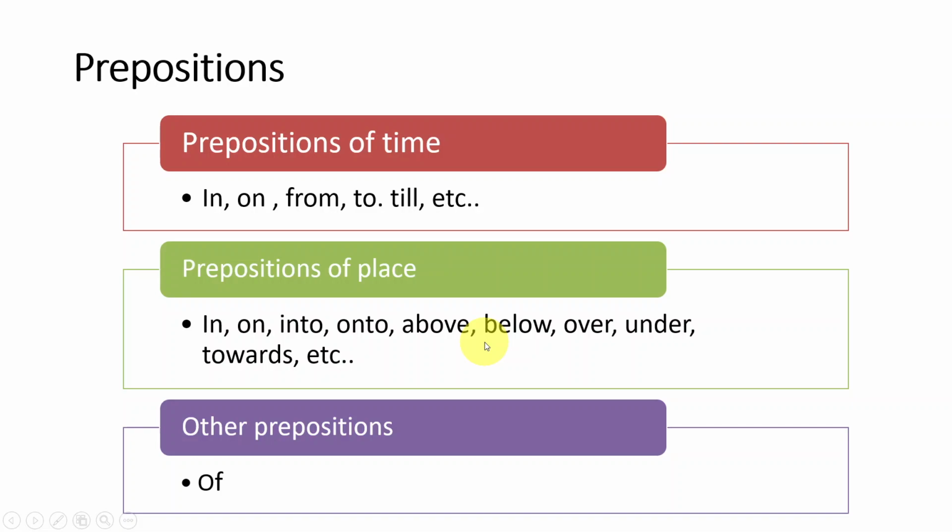There are some prepositions we use in both categories. For example, when we say on, we can use it as a preposition of time: the class is on Monday. And also we can use it as a preposition of place: the pen is on the table. We are going to discuss those interesting points when we are discussing the prepositions.